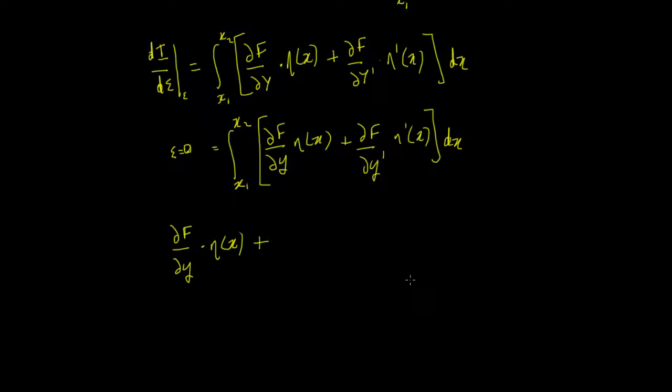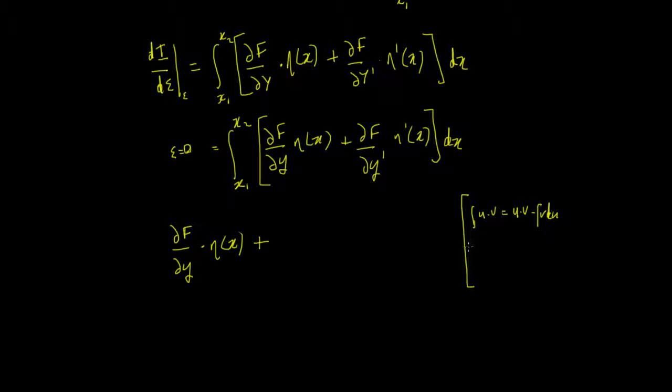Plus, now integration by parts, that'll be a wee aside here. If you want to integrate u times v, the integral of u v equals u times v minus the integral of v du.